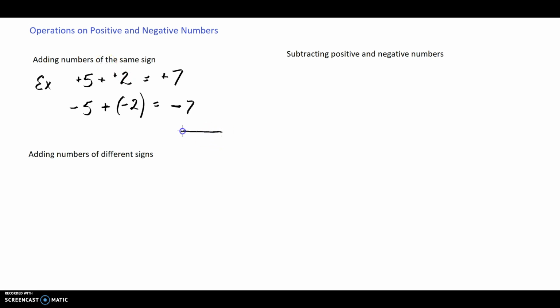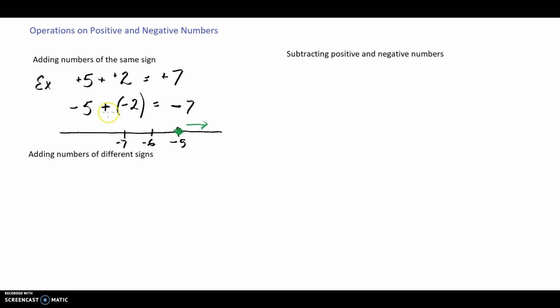So if this is my number line, and I begin at negative 5, negative 6, negative 7. And if we begin at negative 5, and we add a positive, adding a positive takes us to the right.